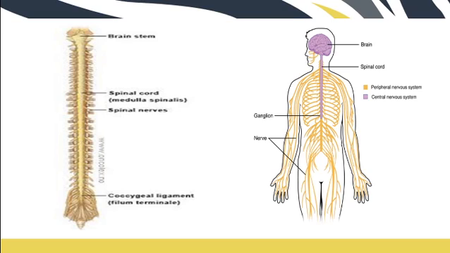Messages pass from the brain to other parts of the body, and from other parts of the body to the brain, so it can work easily. The brainstem, spinal cord and spinal nerves are all arranged in the vertebral column.